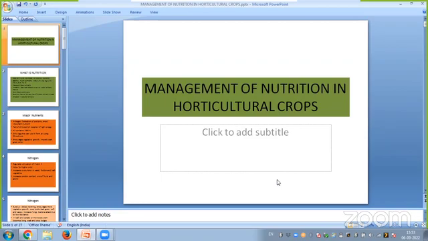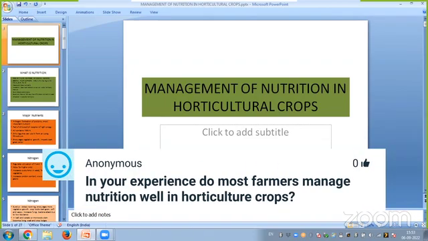Yes. Nutrition management, you see, is very complex in horticulture crops, more complex compared to field crops. Field crops means basically grains and to some extent pulses. Because in horticulture crops, the yield per unit area is very high. If the yield has to be high, then nutrition supply has to be higher. And nutrition supplied also means proper uptake.